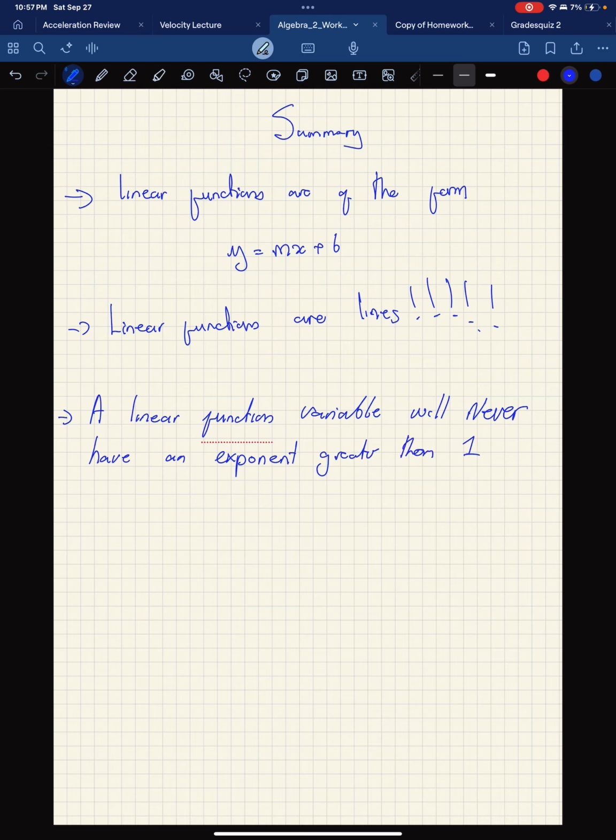All right? So you see, look, we have y equals mx plus b. If I square my variable, x squared, this is no longer a linear line. It's something else. But we're focusing on linear lines.